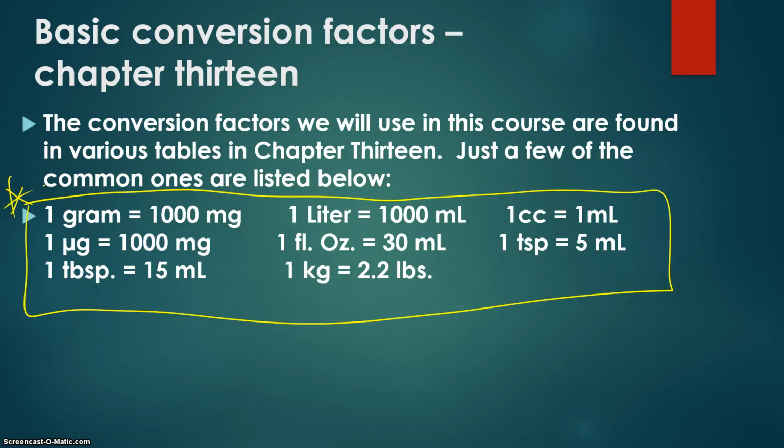So 1 gram is 1,000 milligrams, 1 microgram equals 1,000 milligrams, 1 tablespoon is equivalent to 15 mL, 1 liter equals 1,000 milliliters, 1 fluid ounce equals 30 milliliters, 1 kilogram equals 2.2 pounds, 1 cc is equivalent to 1 mL, and 1 teaspoon is equivalent to 5 mL. These will be utilized all throughout the pharmacy consistently, so it's very important that you memorize these.